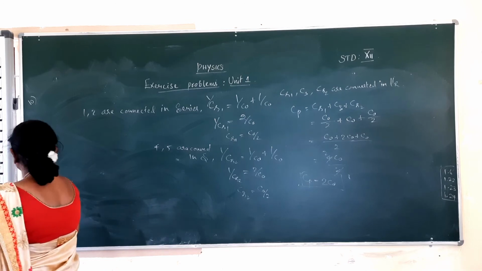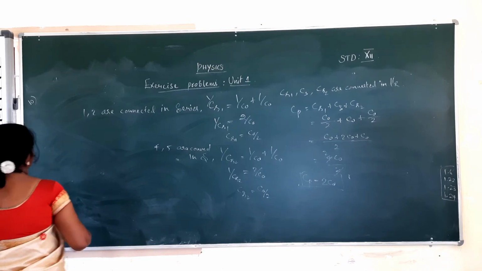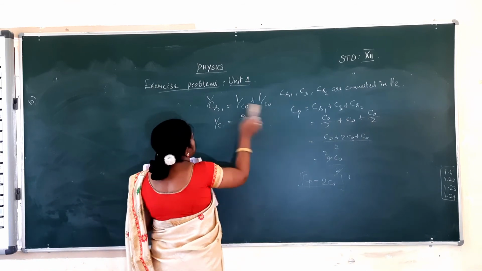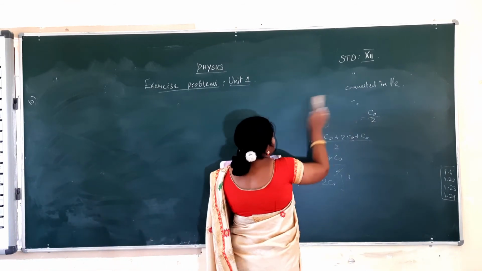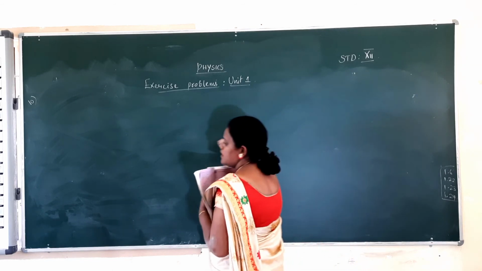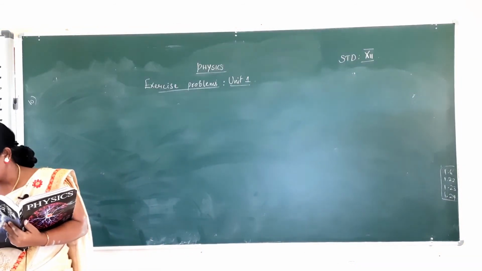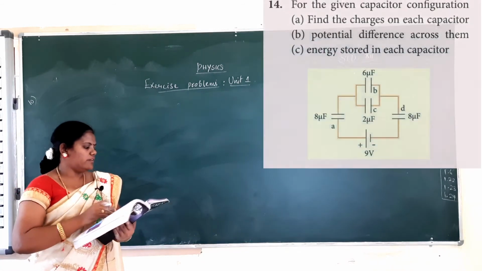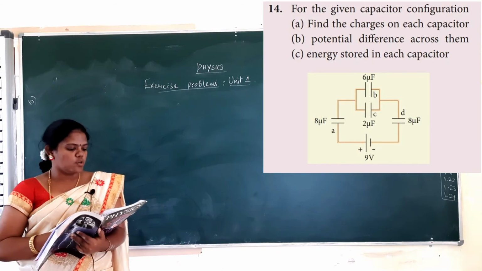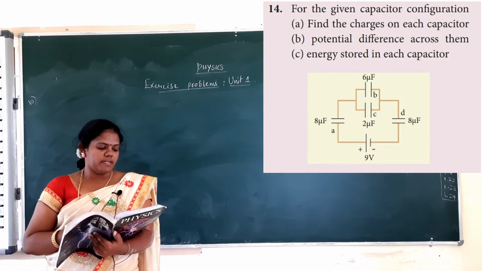14th problem. For the given capacitor configuration, find the charge on each capacitor, potential difference across them, and energy stored in each capacitor.